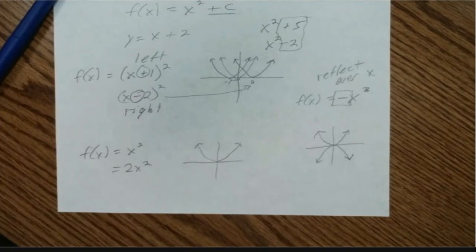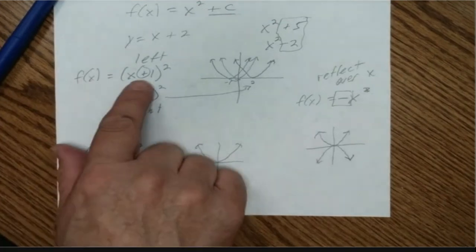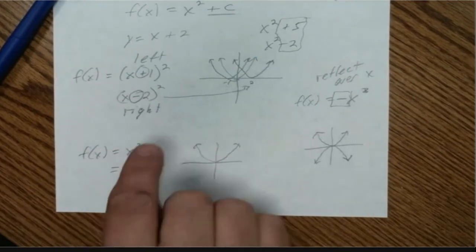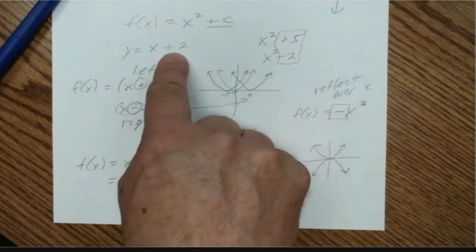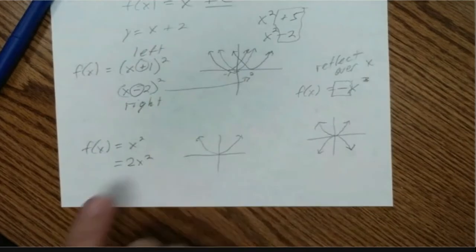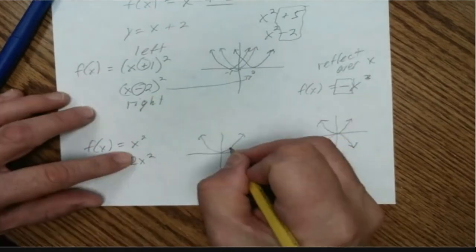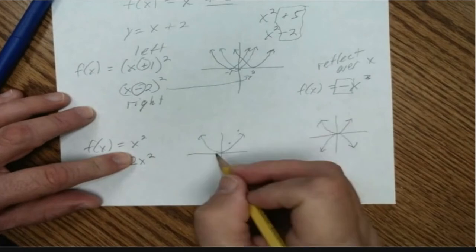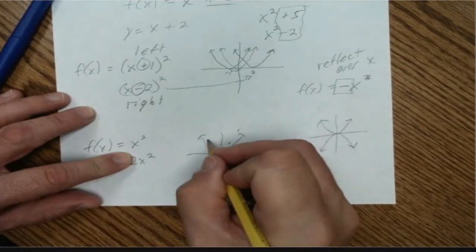Well, what's that do? It's not going to move it left or right, because that's when we add or subtract something to the x. It's not going to move it up or down, because that's when we add it at the end. This is going to multiply all the values times 2. So instead of this being down here, it's going to be twice as high. It's going to double the value of all the y's.